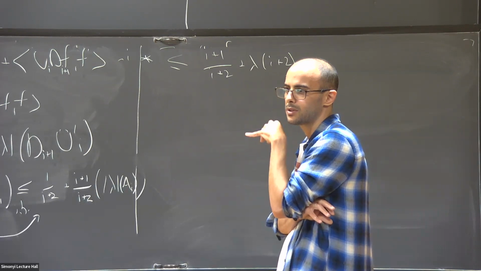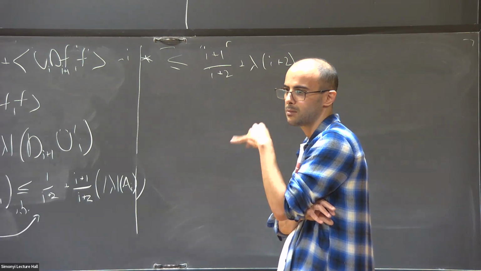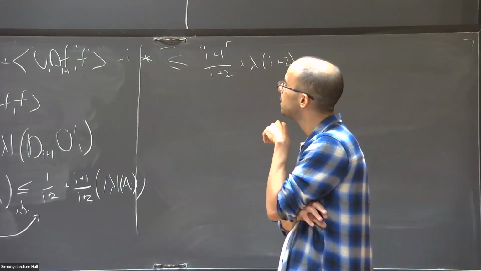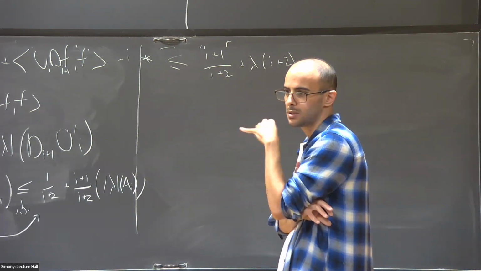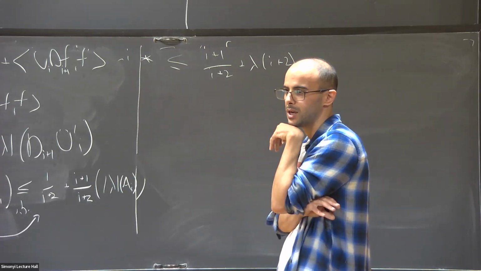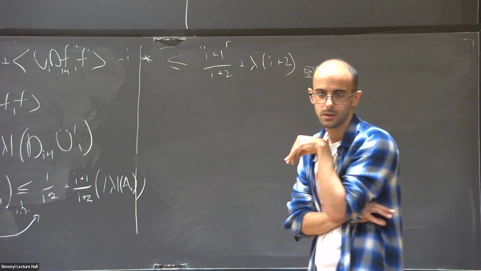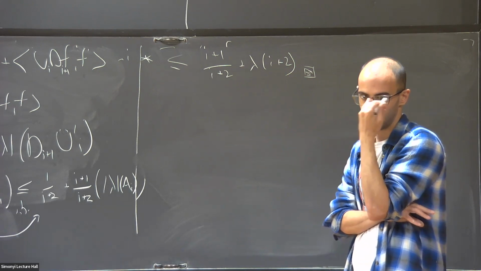It's not enough to be small on the image of U_{i-1}. You also need to shrink everything that's in the kernel of D_i, right? It's just a bigger space to work in, the orthogonal complement of.